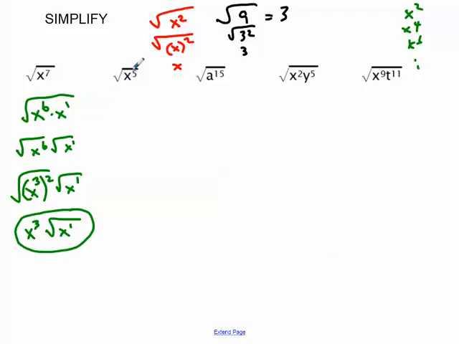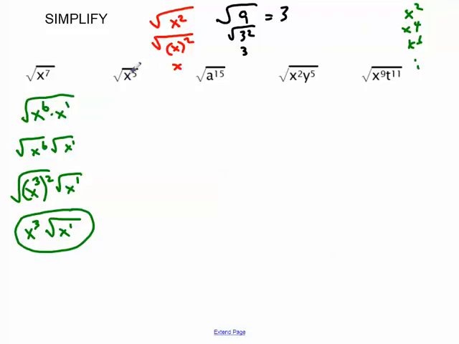Square root of x to the fifth power. Well, let's see. We can rewrite this in terms of a perfect square. We're going to find that the perfect square is a base with an even numbered power.